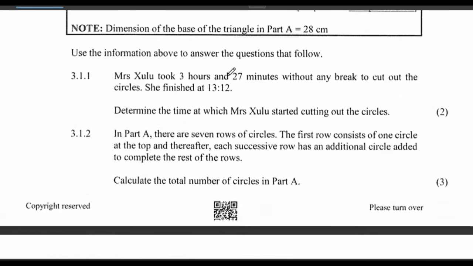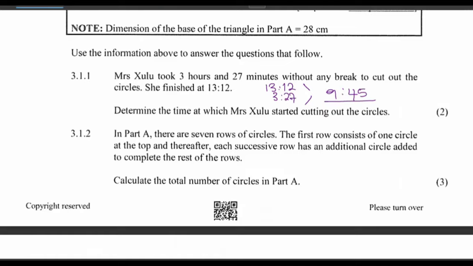Mrs. Noel took 3 hours and 27 minutes without any break to cut out the circles. She finished at 13 hours, 12 minutes. Determine the time when she started. So we're going to take the end time minus the duration. And this gives us 9 hours, sorry, she began at 9:45.